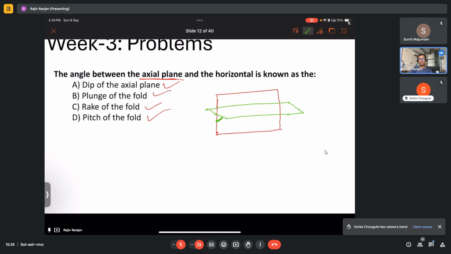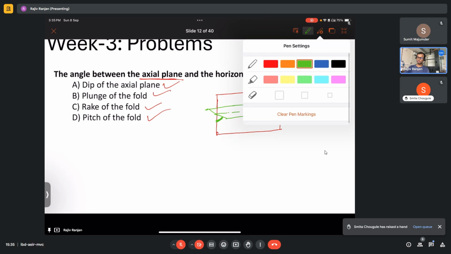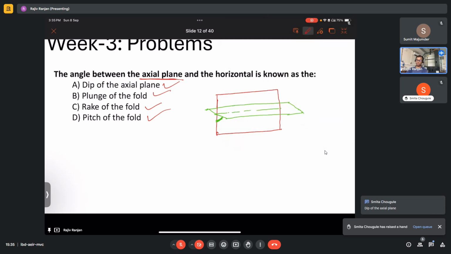This is the angle which the question is asking. So what is this angle? See, let's go one by one.